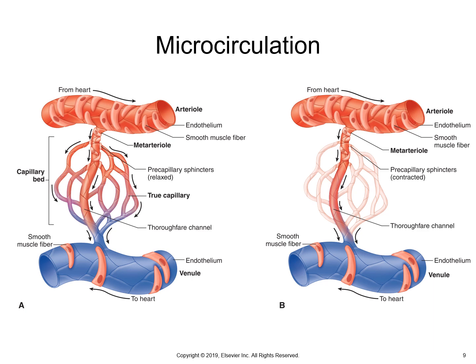So this happens in cases where the body needs to redirect blood flow, such as when we're exercising, when we're under stress, when our body's trying to regulate temperature. So when we're cold, blood can bypass the capillaries to get to the skin in order to preserve our body heat.